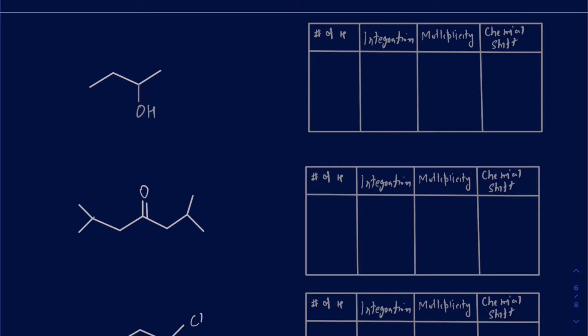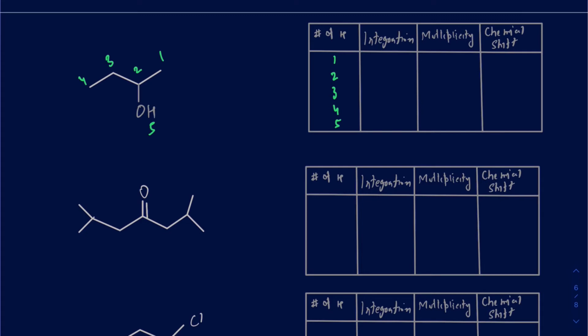So let's look at this practice set here. It's probably a good idea if you can pause the session and maybe do this on your own and see if you got those right. The number of signals I would have in this first example would be 1, 2, 3, 4, and I have the proton on the oxygen as well. So I got a total of 5 signals there: 1, 2, 3, 4, and 5.